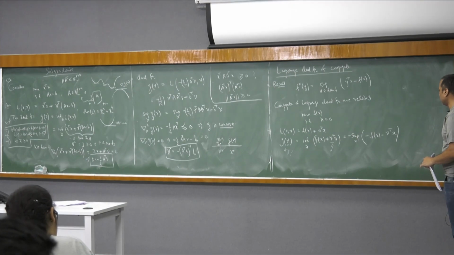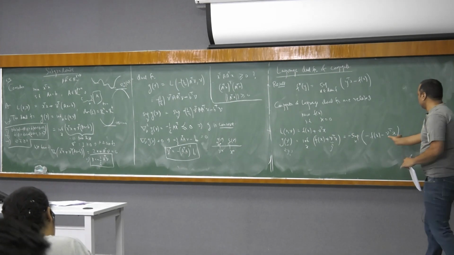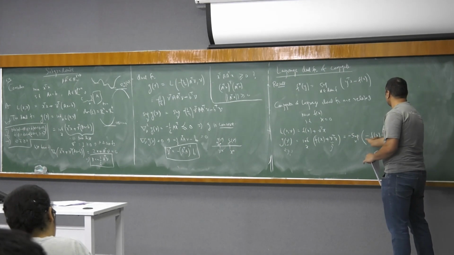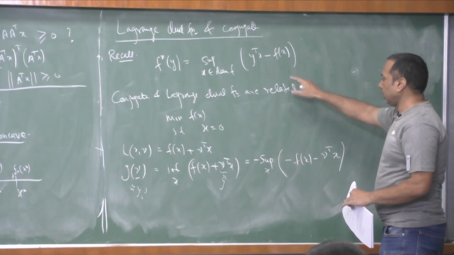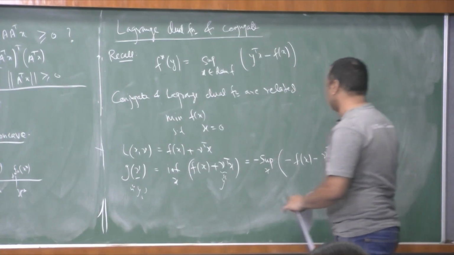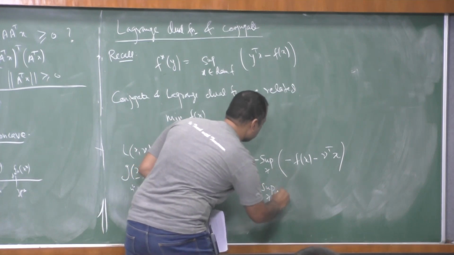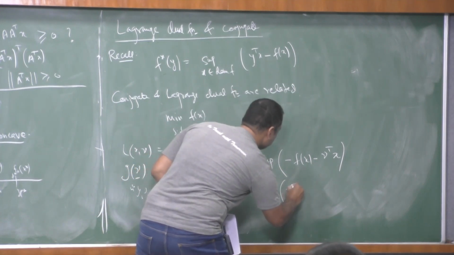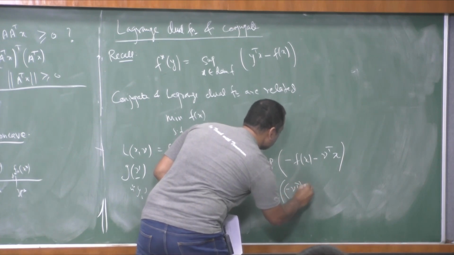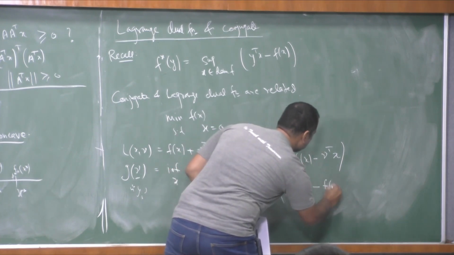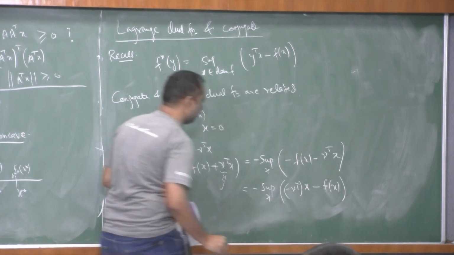Okay, so now it's a matter of rearranging. This is minus y transpose x minus f x, and there is a negative also. So this is supremum of x, and let us rearrange this. So this is minus nu transpose x minus f x, right?